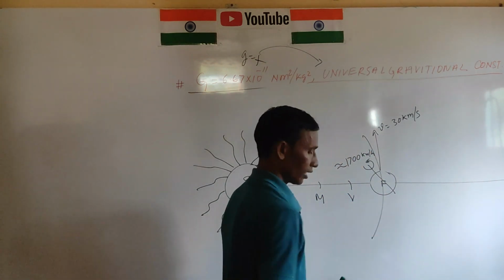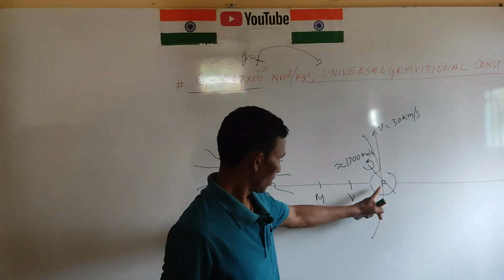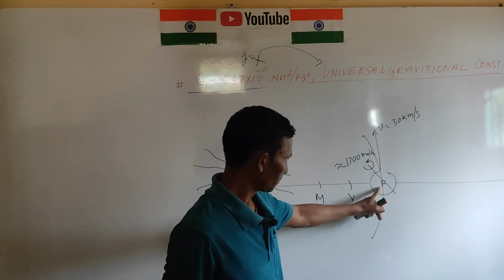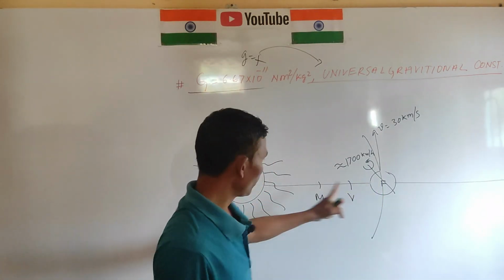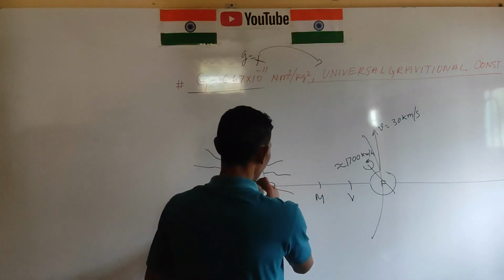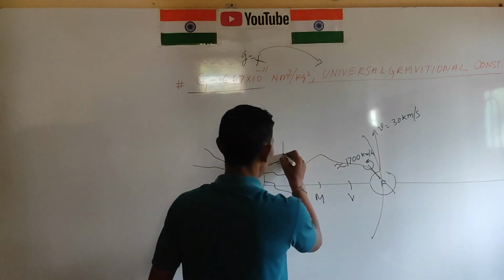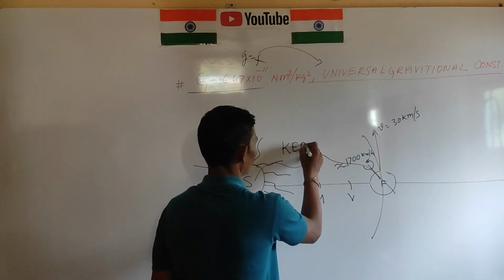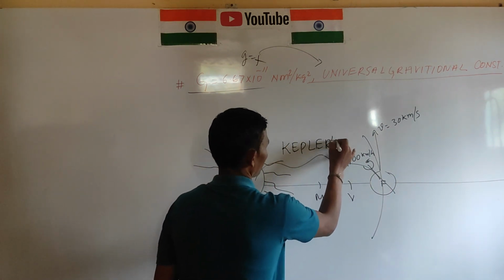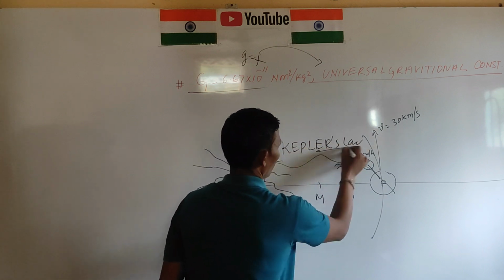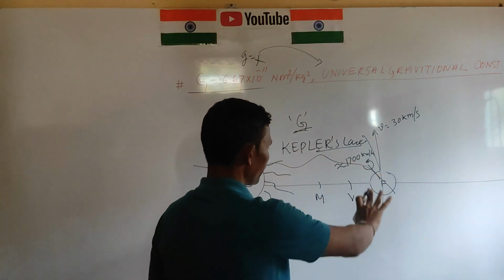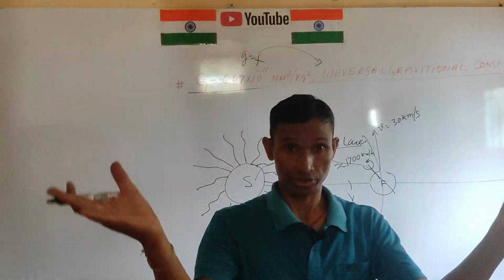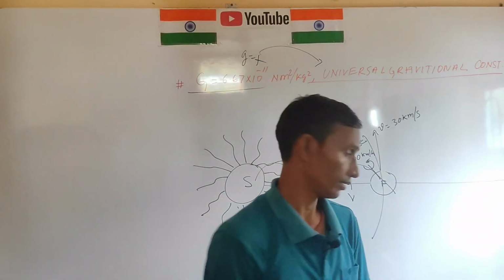Here first we calculate the value of capital G at Earth. Then we relate it using Kepler's law, and then we find out the capital G. Kepler's law is related to the universe. Okay.